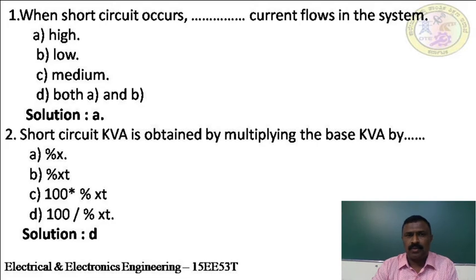So the solution is A. Hence when a short circuit occurs, high current flows in the system.